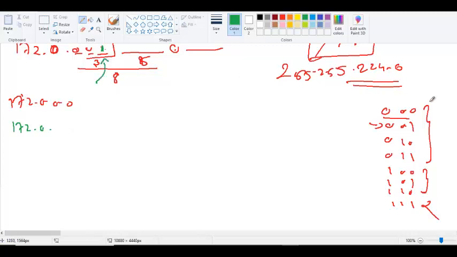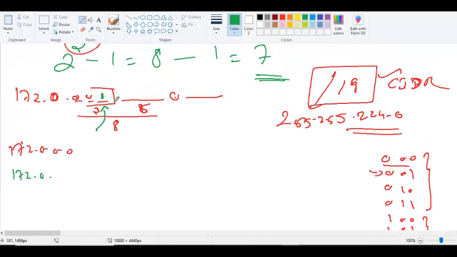This is the reason why I was teaching those things yesterday. 172.0.32.0. Next, when I assign this one 010, then it is going to be 172.0.64.0. And when I assign the next one 011, then 64 plus 32 is 96. Then 172.0.96.0.